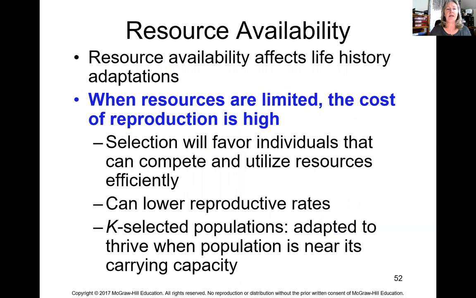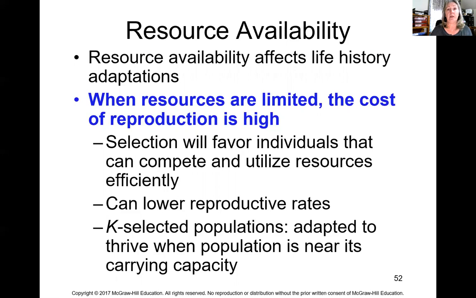So I talked to you a little bit when we were talking about the birds and the female birds. When resources are limited, the cost of reproduction is high, especially for the female, who is going to need nutrients to make her healthy enough to produce offspring, but then also to nourish those offspring.